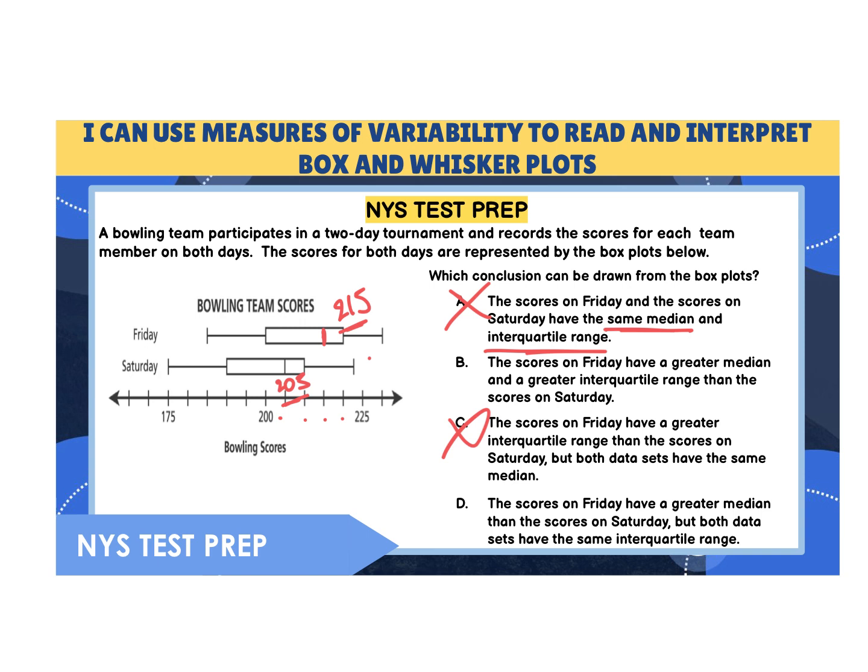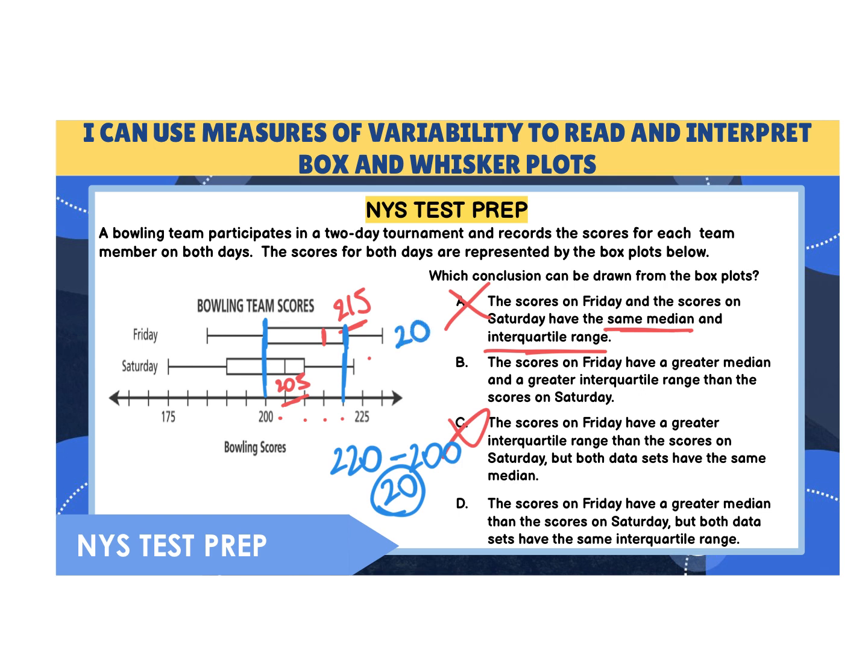Okay, so now we have to find the interquartile range for both B and D. So interquartile ranges are our upper box minus our lower box. Our upper box here was 220, and our lower box here is 200. So 220 minus 200 would give us 20.